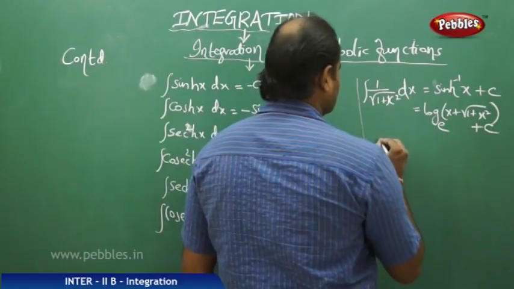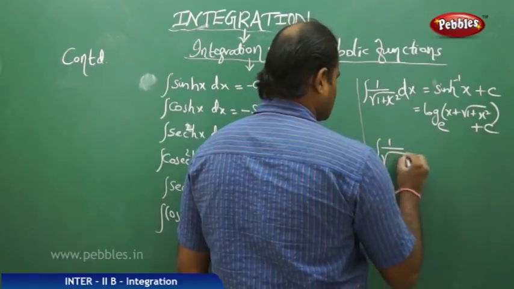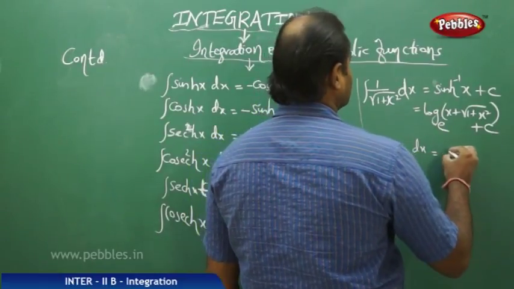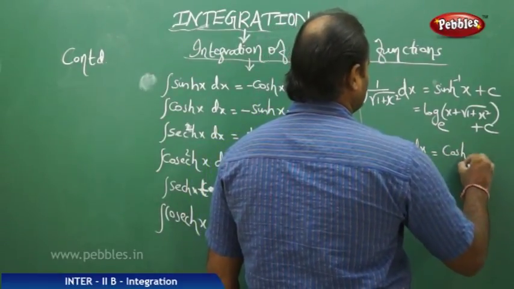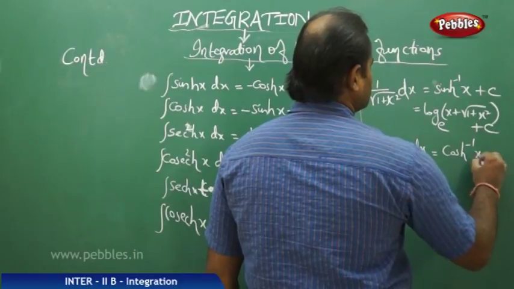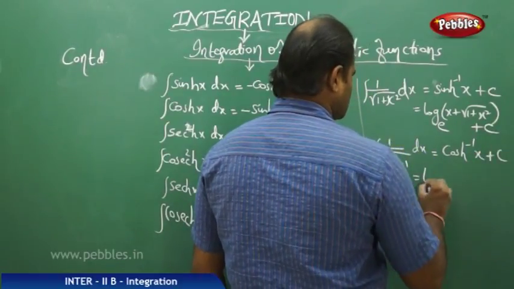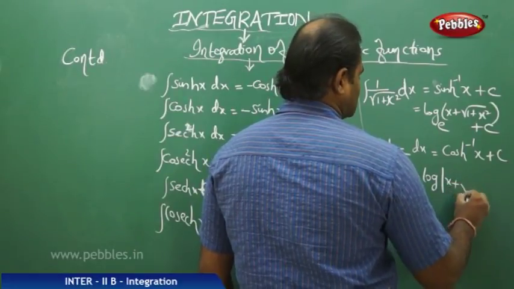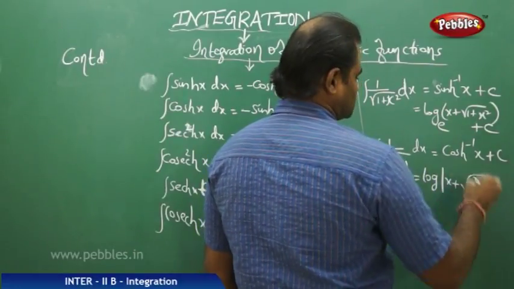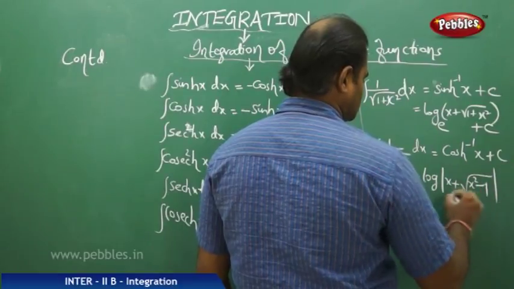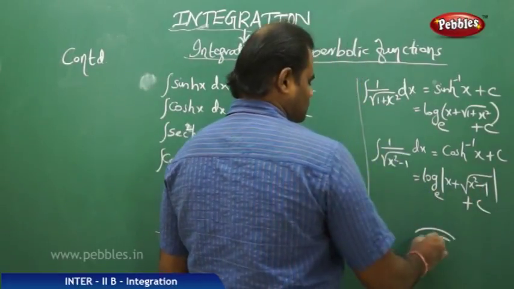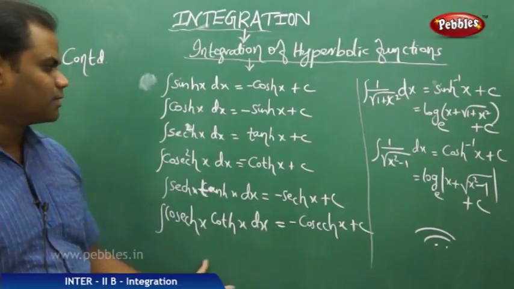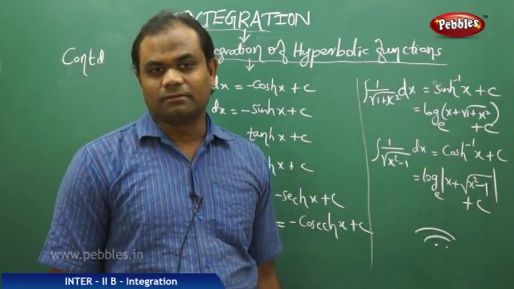Next, integral of 1 by root x squared minus 1 dx is cos h inverse x plus c, or this is log mod x plus root x squared minus 1 plus c, is how we have various hyperbolic functions with their respective formulae.